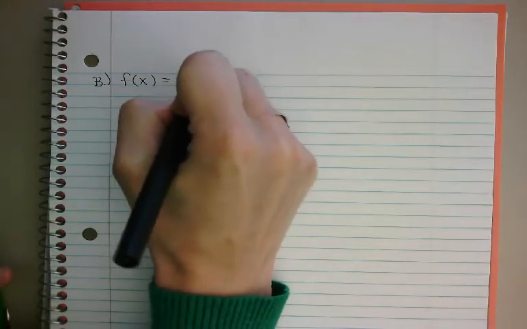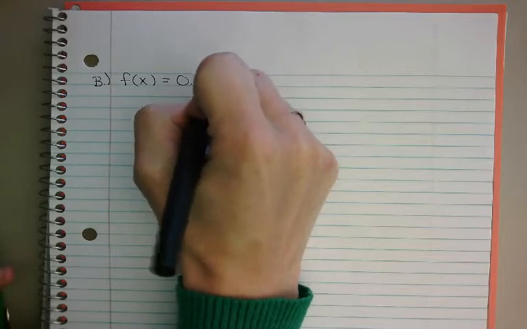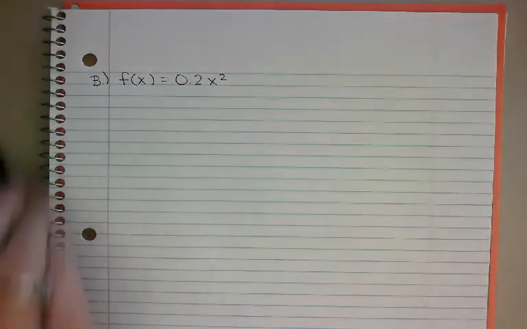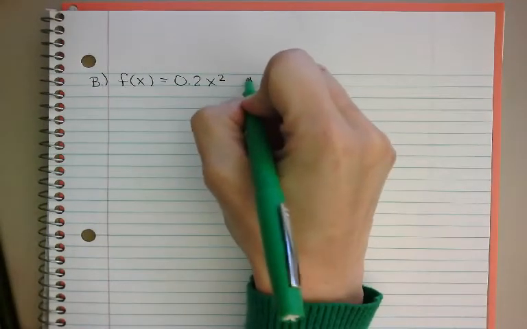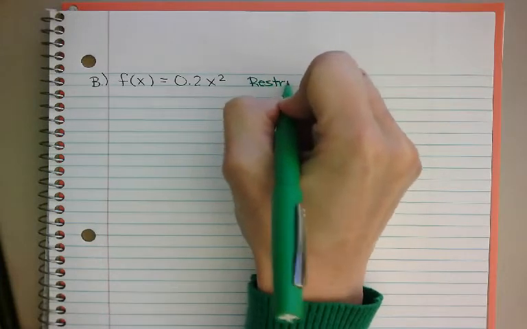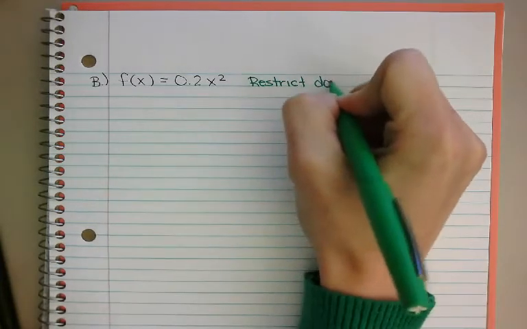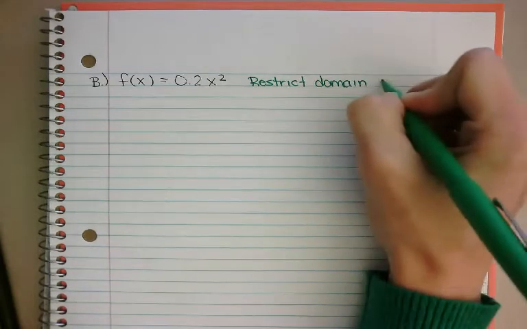All right, let's look at another example. Let's say I've got f of x equals 0.2 x squared. I'm going to restrict the domain to just the positives.